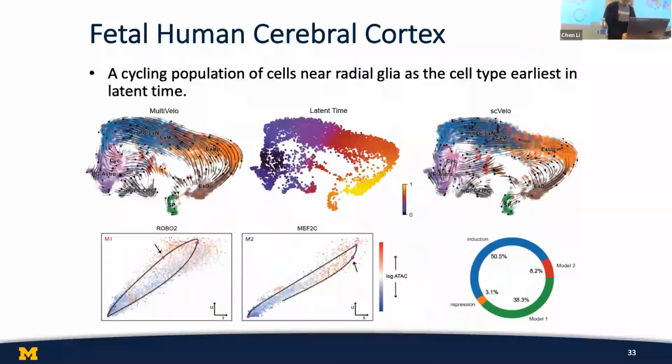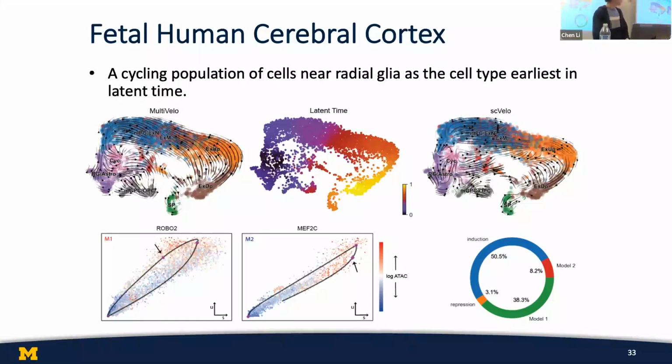The last data set that we tested is the fetal human brain data set. Just like the mouse brain data set, we see very good prediction in the human.